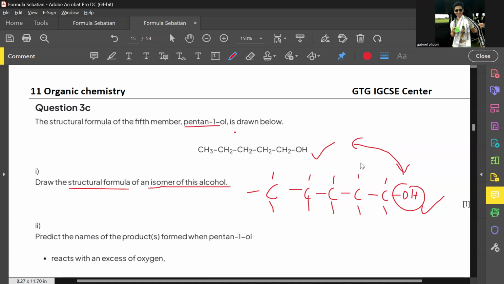You wrote everything out, so that's the display formula. I want the structural formula. You were wrong. Okay, good. This is correct. Ooh, perfect.